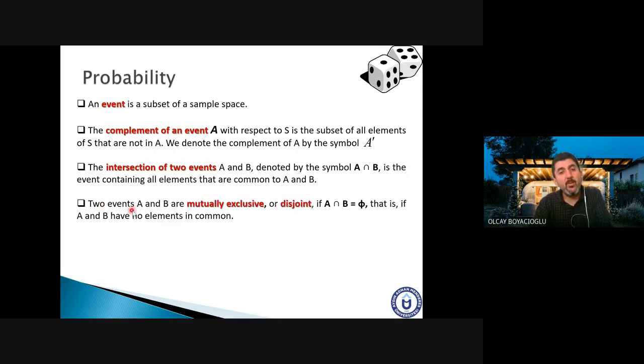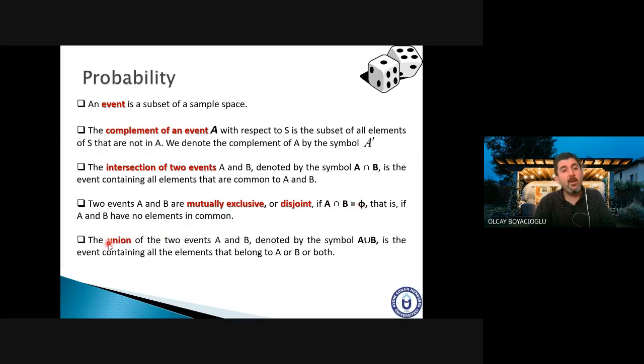And then if the two events A and B are mutually exclusive, that means they are completely separated from each other or disjoint, birleşik değil. And if A intersect B is empty set, that is, if A and B have no elements in common, okay, that means they are also mutually exclusive because in the intersect there is nothing, yani common olan hiçbir şeyleri yok.